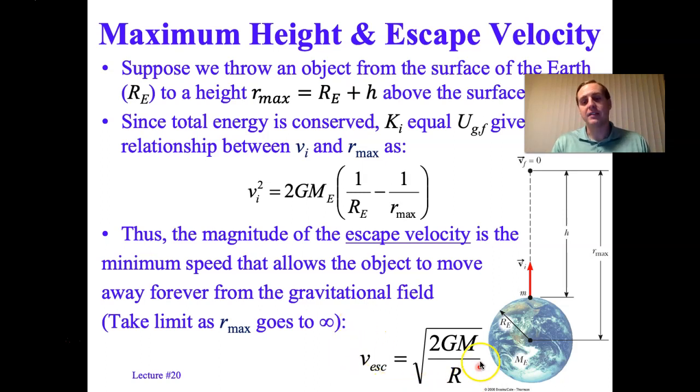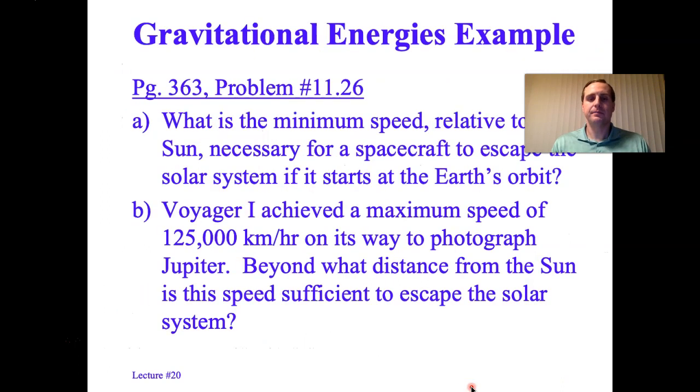But in either case, as long as you can build up to this escape velocity, theoretically you can escape from that thing's gravitational field. Now, by the way, like I said, it doesn't depend upon the mass of the escaping object. But as the planet gets more massive, the escape velocity is proportional to the square root of that mass, but inversely proportional to the square root of the radius.